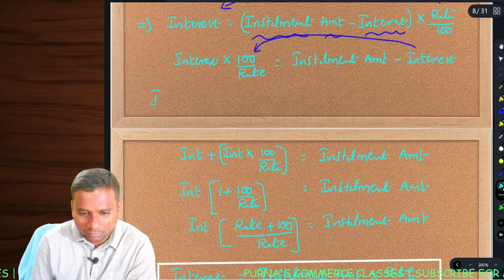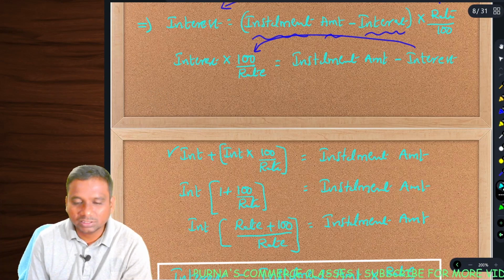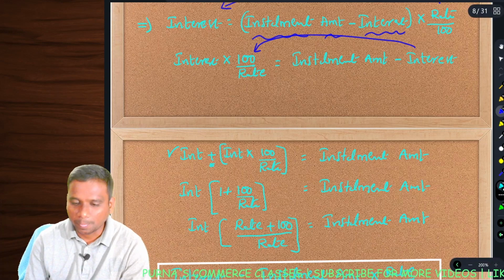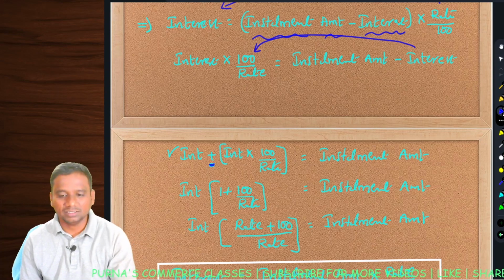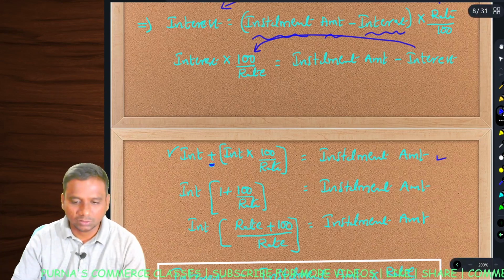Interest with a minus symbol, when it comes to the LHS, becomes a plus symbol. Interest plus interest into 100 by rate is equal to installment amount. We are just solving the equation, right?